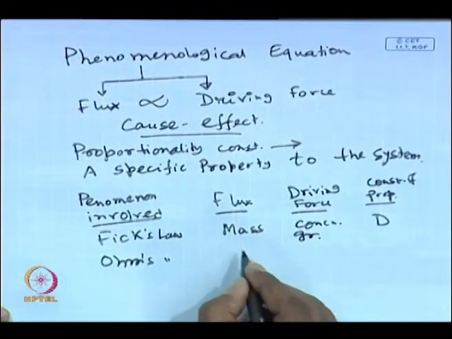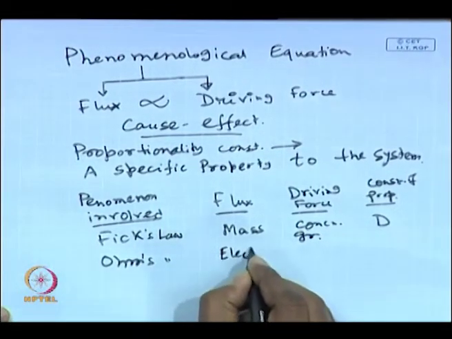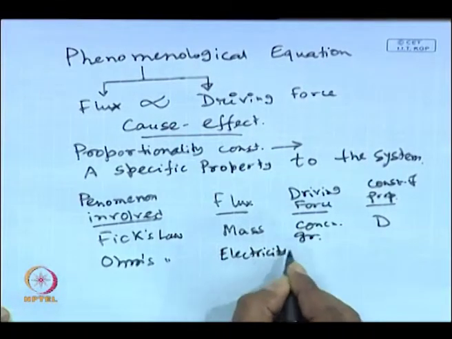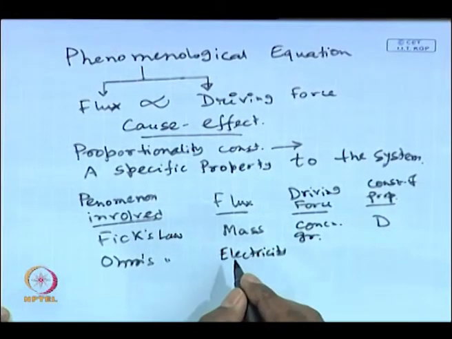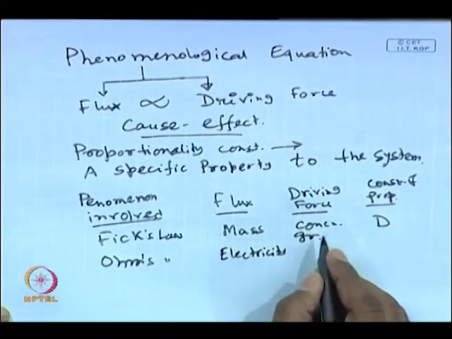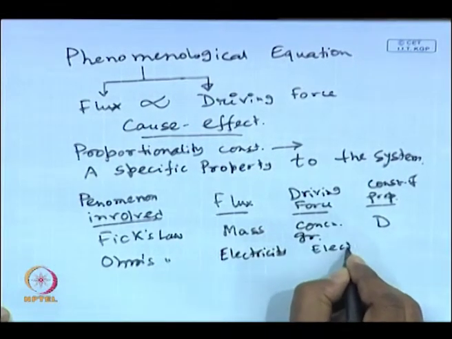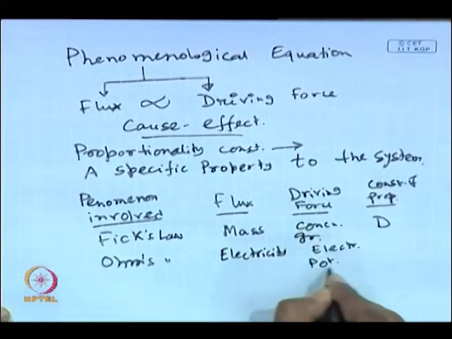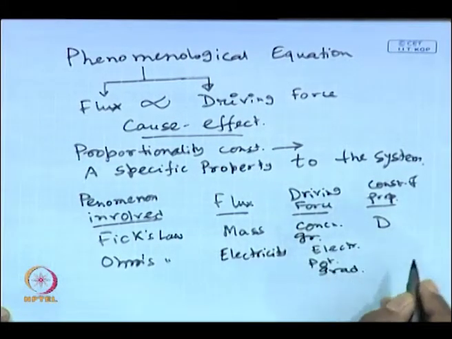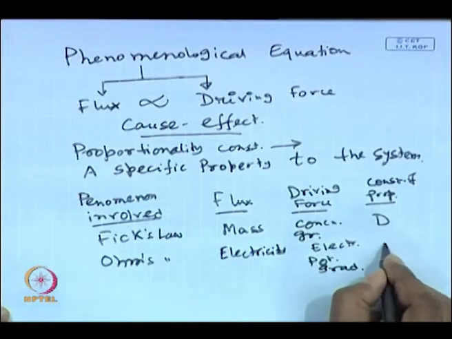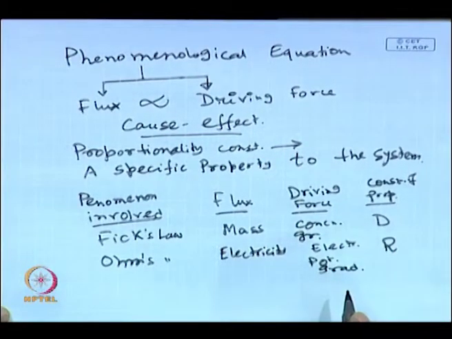The flux is basically electricity, charge per unit time. So, it is basically current, and driving force is basically electric potential difference gradient. And what is the constant of proportionality? It is the resistance, right. Third one is Fourier's law.